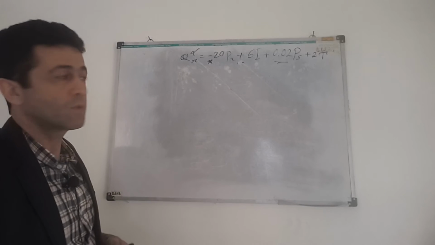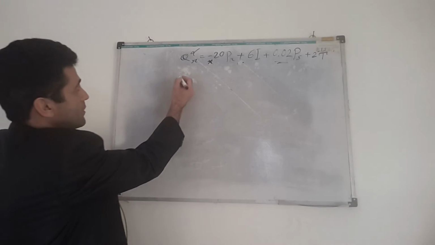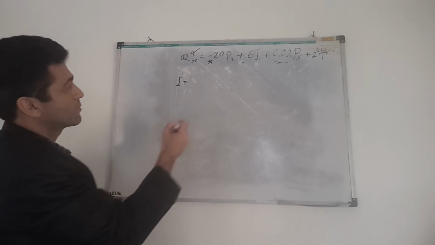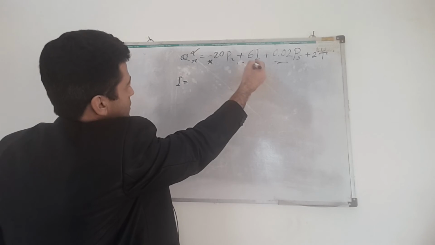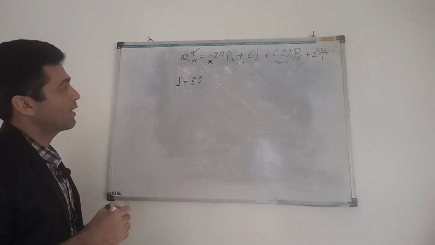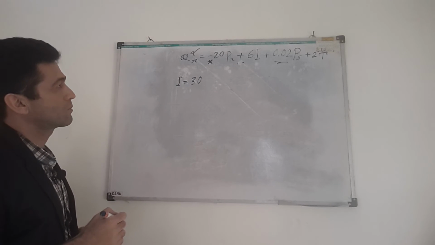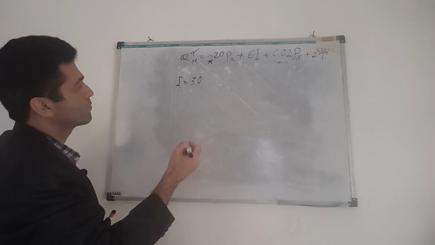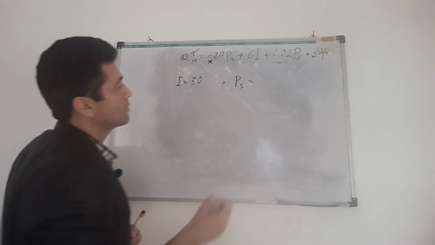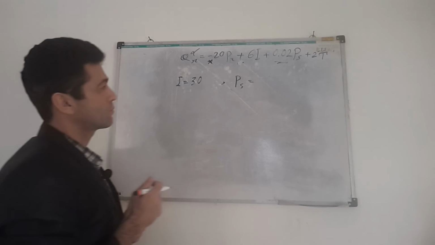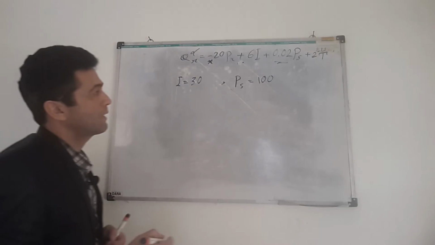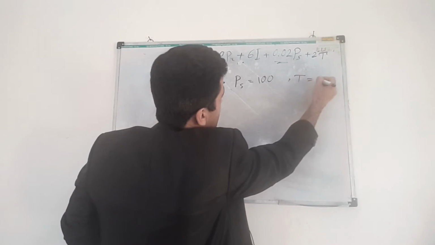Now we consider income, for example, I equals 30, and Ps equals, for example, 100, and T equals 5.